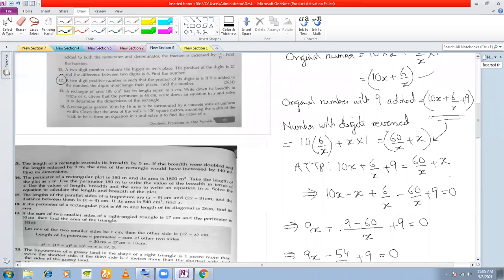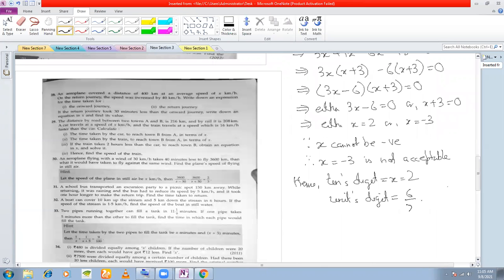Yes, 6 by x, which is 3. Original two-digit number, if 2 is the tens digit, so 2 first and 3 is the units digit, 3 later. So 23 is the original two-digit number. Okay.